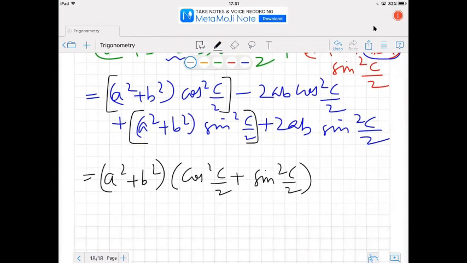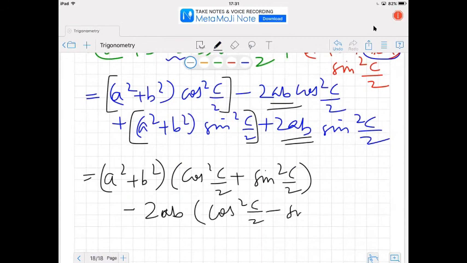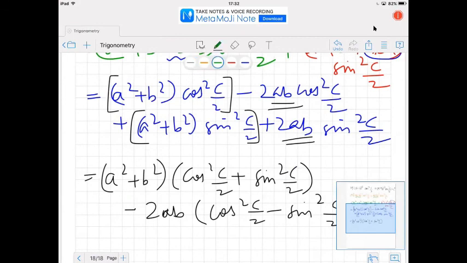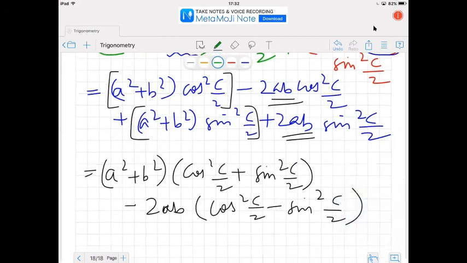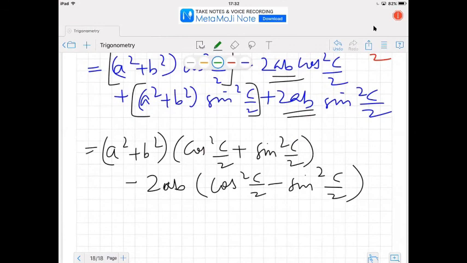And next I'm going to take minus 2ab common from the other two terms. I'm left with cos square c by 2 minus sin square c by 2. Now obviously you all know this, sin square c by 2 plus cos square c by 2 is equal to 1 because sin square theta plus cos square theta is equal to 1.